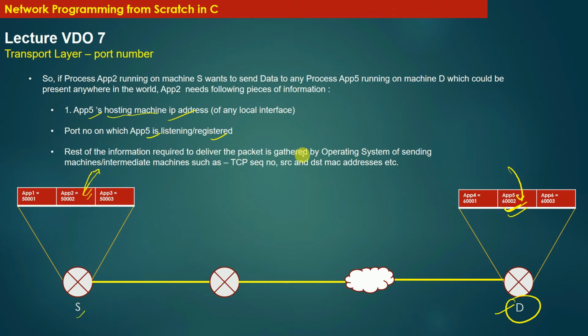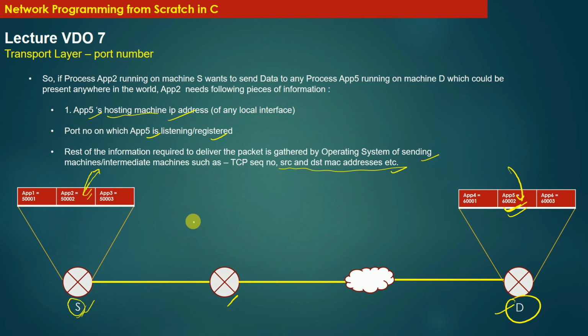The rest of the information required to deliver the packet is gathered by the operating system of the sending machine, that is machine S, or by intermediate machines, such as the TCP sequence number or source and destination MAC addresses, etc. As an end user or programmer, you need not find the source and destination MAC addresses, because they keep changing hop by hop. The operating system does it by itself using the ARP table and ARP broadcast requests and all that.